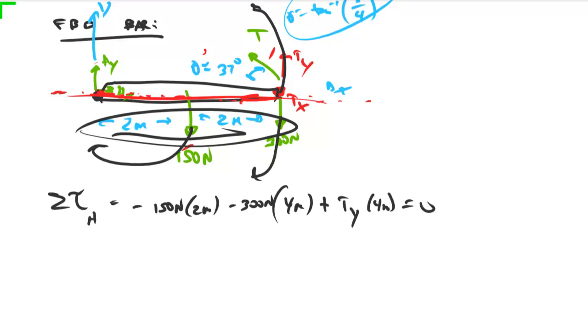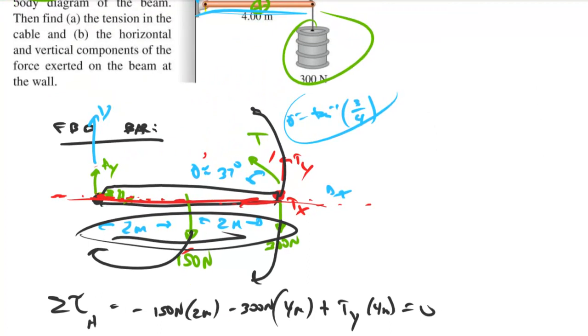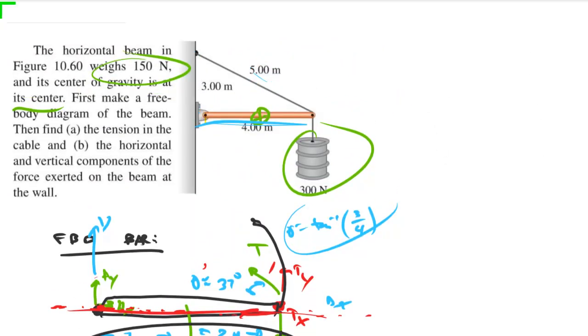And so we can solve for Ty. Noting that Ty is equal to T sine of 37, there's actually a slight little bit of error using that, so it's probably better to use, and I wouldn't take off points if you have just a slight rounding error there, but we said the sine was actually 3/5.